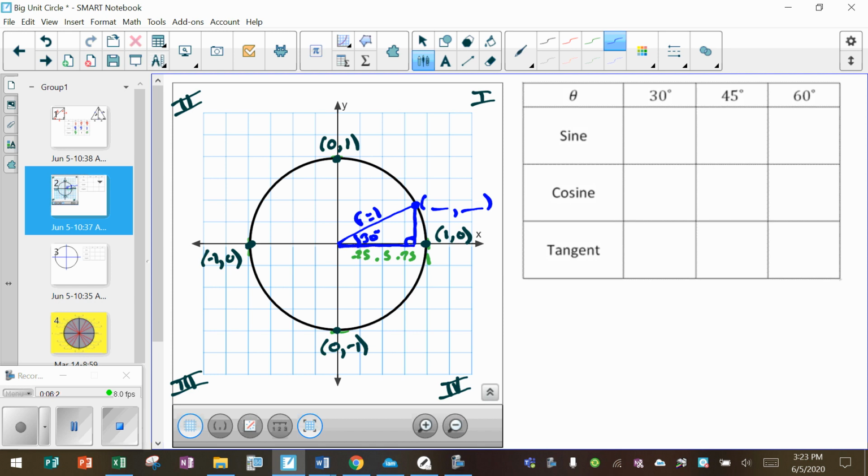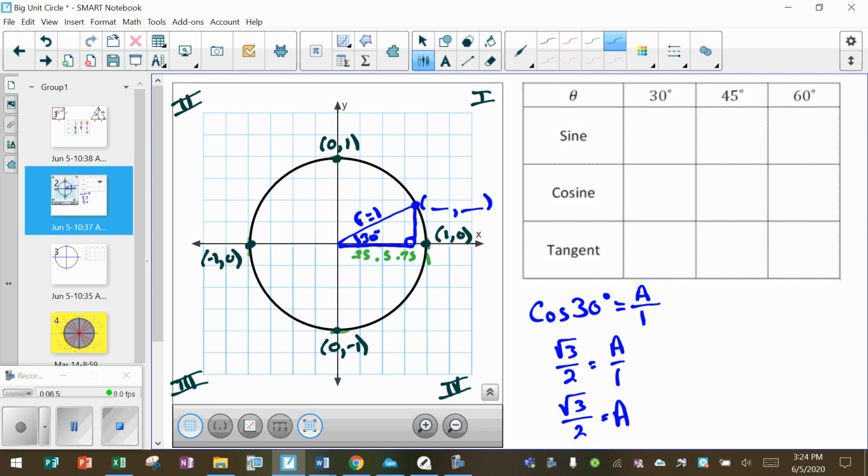I know the hypotenuse, so if I take the cosine of 30 degrees, the angle that I estimated, I know that it is adjacent over hypotenuse, and our hypotenuse is 1, because that's the radius. From our exact values, I know that the cosine of 30 is radical 3 over 2. So the length of my adjacent side is radical 3 over 2.